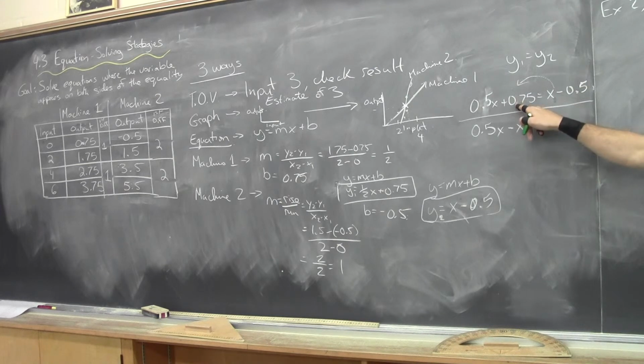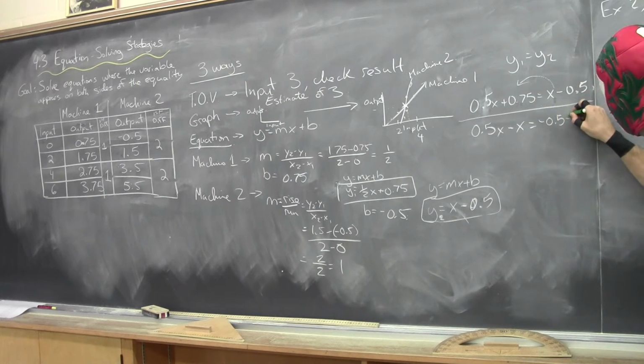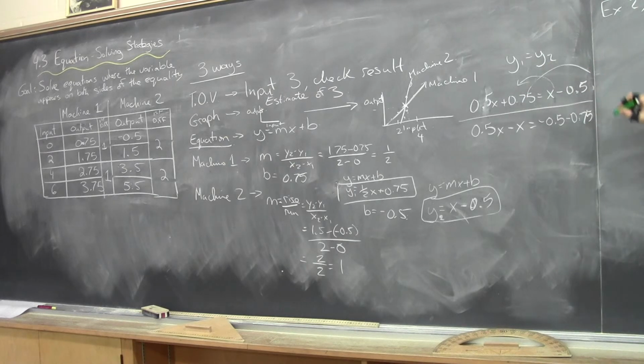So this was positive 0.75. It's going to move over to the other side. It's going to switch signs because of our inverse operation. So we're going to subtract 0.75 from both sides. So it disappears from this side, and it's over here now with a negative sign. Any questions there? I skipped a couple steps there.